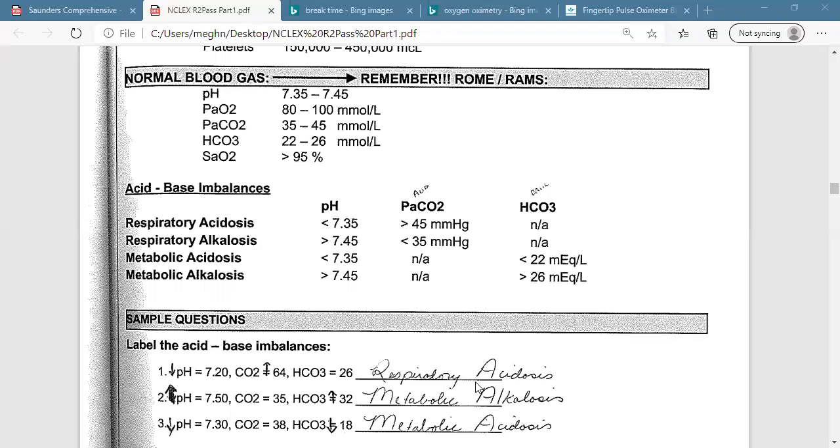On the other hand, talking about the respiratory problem, as I told you, if the breathing is too fast, like a marathon runner, they have respiratory alkalosis. If the breathing is too slow, this is respiratory acidosis.